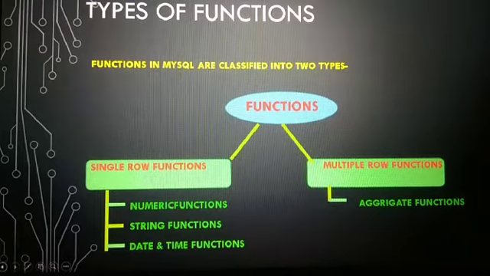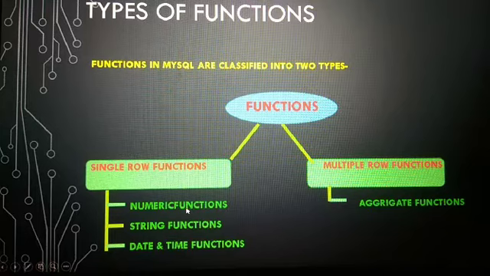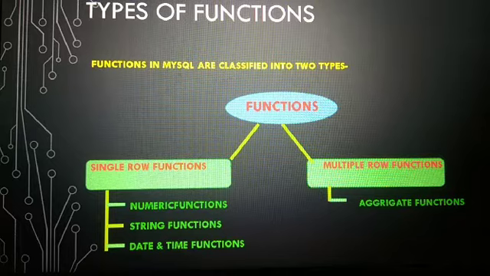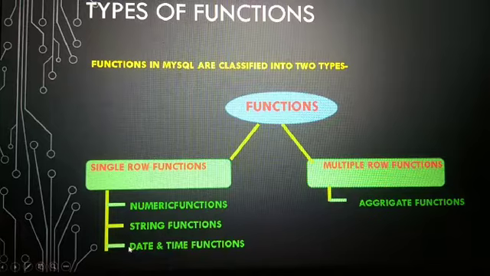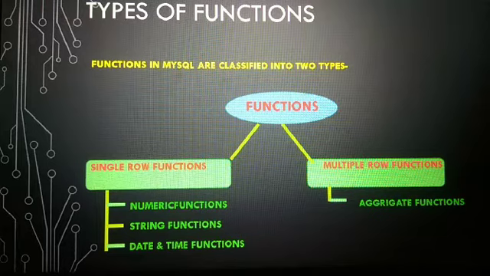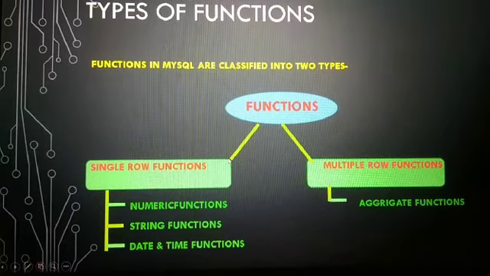Next, in numerical functions, we can calculate the length of a string, we can calculate the round of a value, and also we can find values of sin theta, cos theta, tan theta, etc. Date and time functions: suppose we want to display the current date and time, then we will use date and time functions.